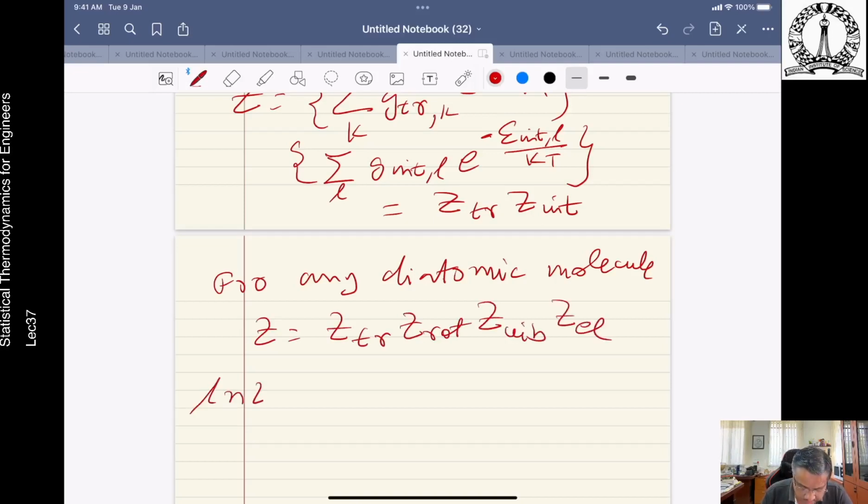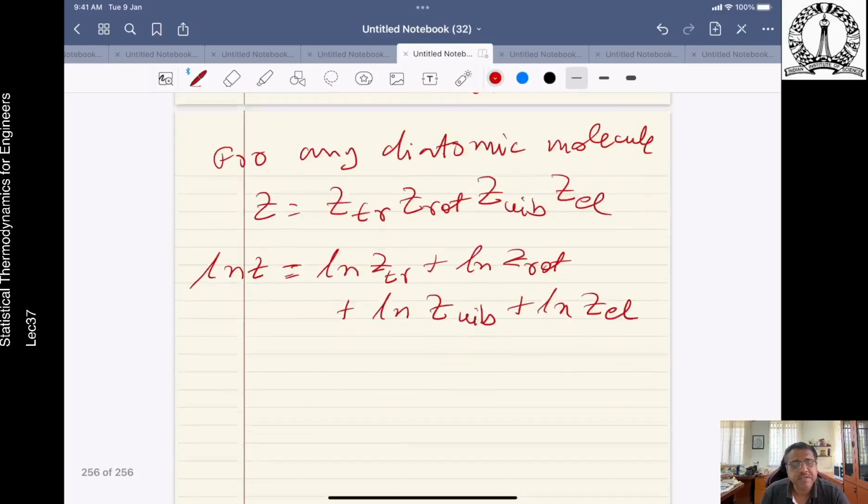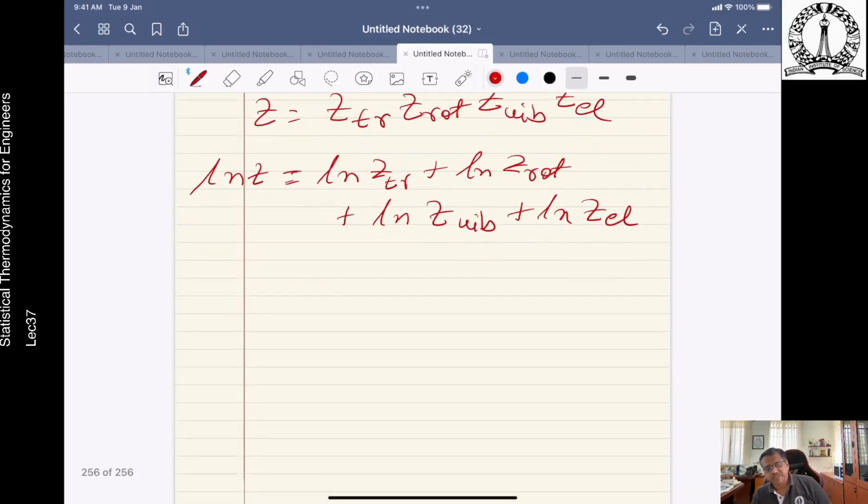So the logarithm of Z converts all these into a summation: ln Z translation plus ln Z rotation plus ln Z vibration plus ln Z electronic. The partition function is multiplicative, whereas the logarithm is additive.